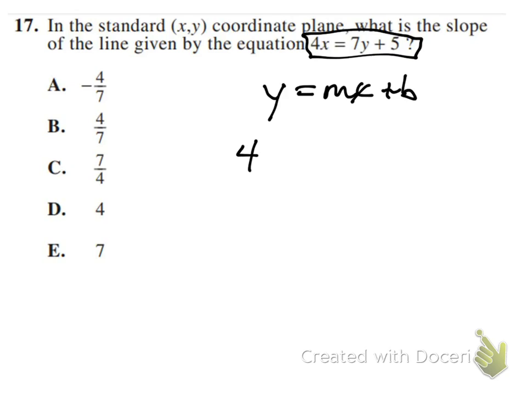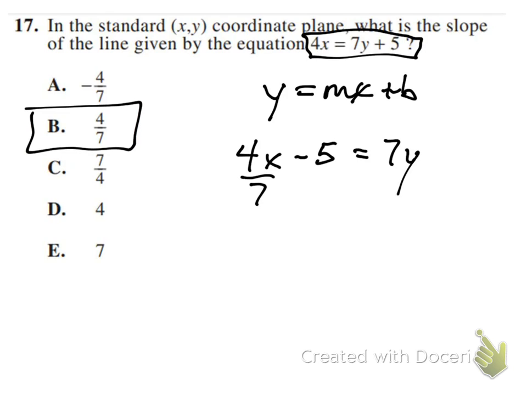First, I would subtract 5 from both sides, right? And then divide every piece by 7. So I'm done. My slope is 4/7. That's the only part I'm interested in, so I'm not going to finish the rest of the problem. Okay? Is everybody with me?